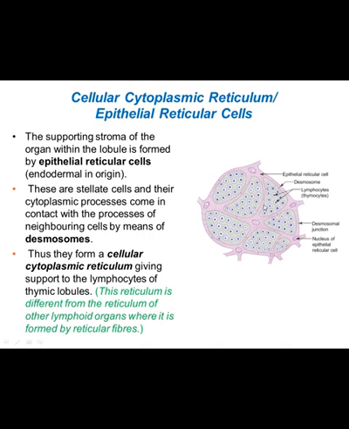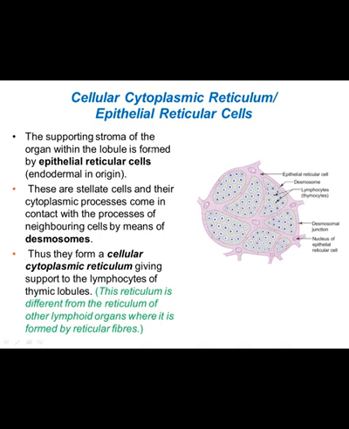The cytoplasmic processes of one cell are connected with the processes of the other epithelial reticular cells, and they contact the neighboring cells by desmosomes. This shows desmosome. Here is desmosome. This is the connection of the process of one cell with the process of other cells.